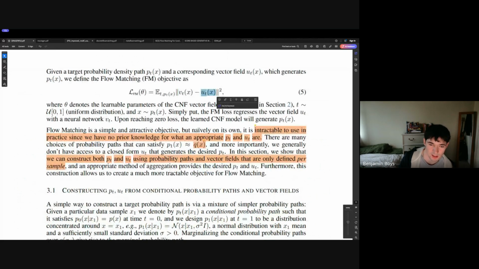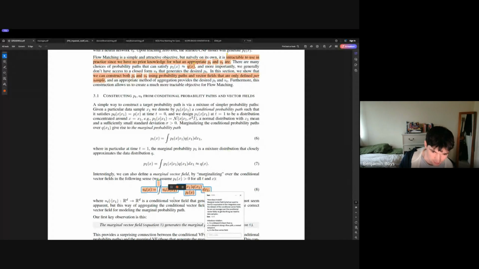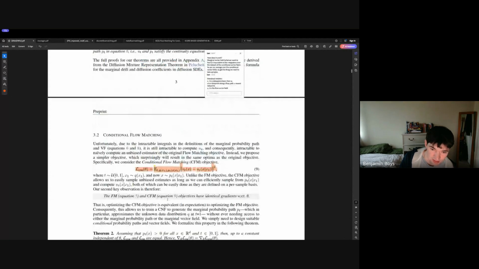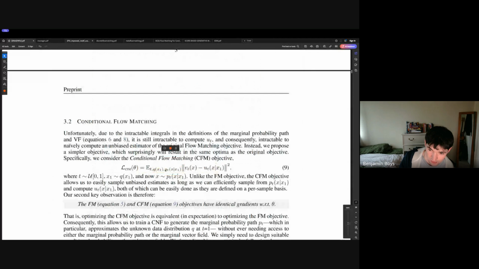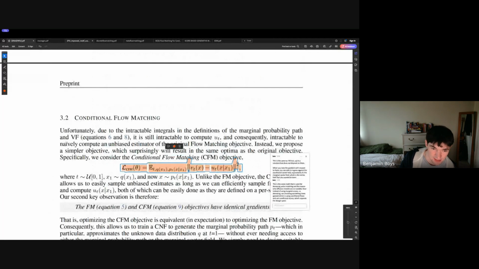But because the term that we want is the average over the data set of this conditional term, which we do have, then you can use this objective, which is the same as the original loss, up to a constant that doesn't depend on theta. So when you take gradients with respect to theta, you get the same gradients. You can use it to learn.